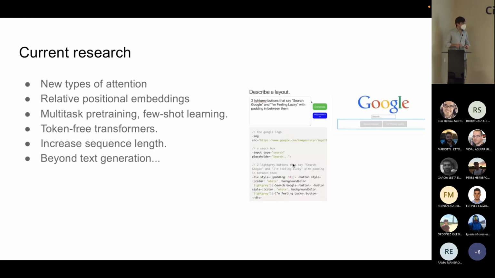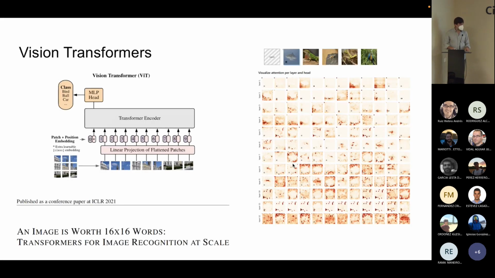And now we are going to see a few examples of transformers applied to tasks that are not, at least directly, text related. So, for example, there are vision transformers. Vision transformers is just taking the concept of a transformer and trying to apply it to an image. The problem here is that an image is not a sequence, at least in theory.